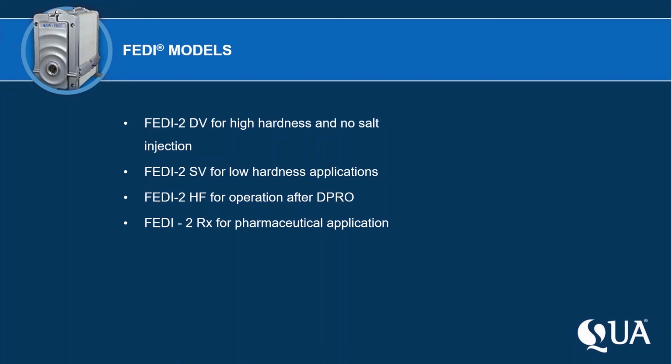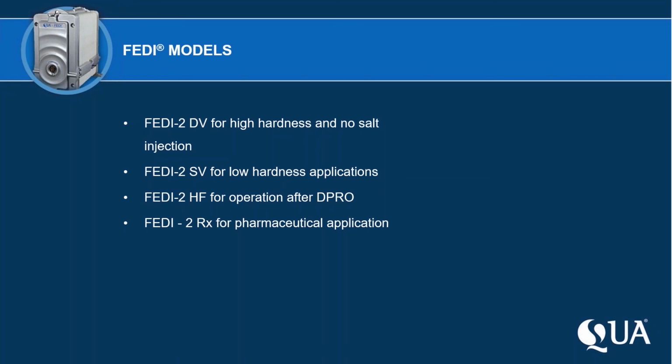And then we have a unique thing where we can use the stack, and we call it a high flow operation, after a double pass RO. Many EDI suppliers today require double pass RO to get the product water from the EDI. A lot of people will look at different products out there. Some people may claim to run at higher hardness levels.